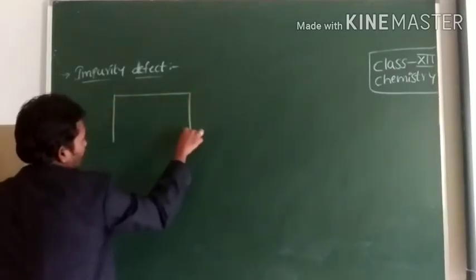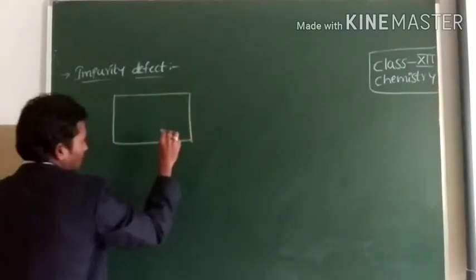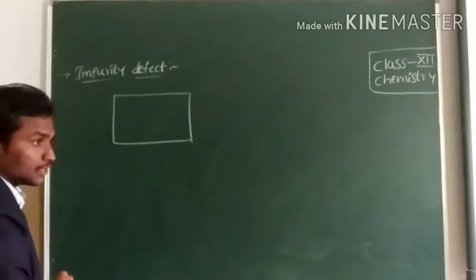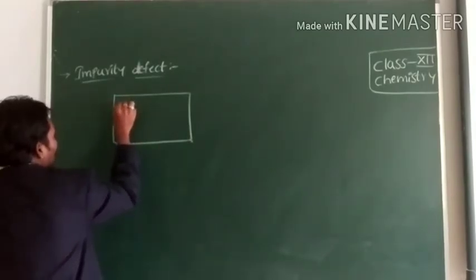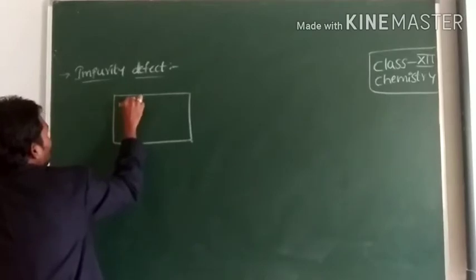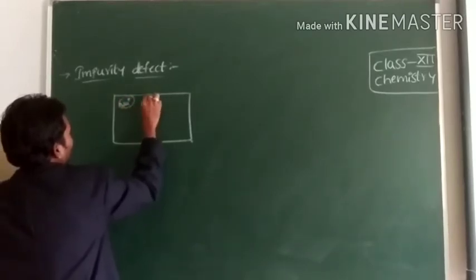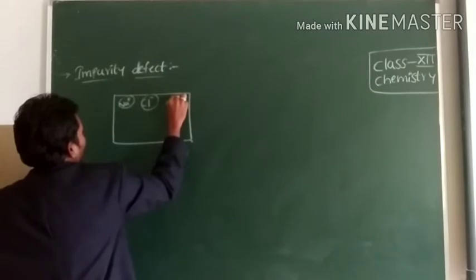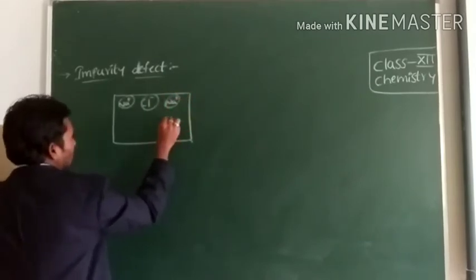Let us talk about the NaCl crystal. Suppose it is a crystal of NaCl. Here sodium cations and chloride ions.